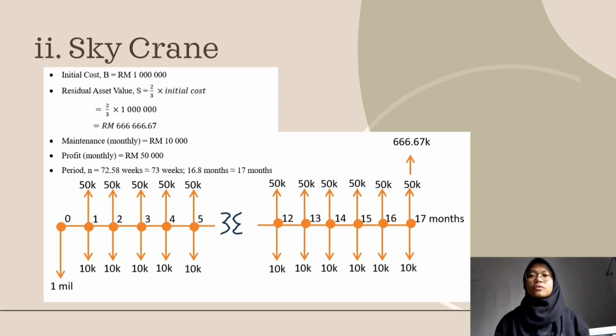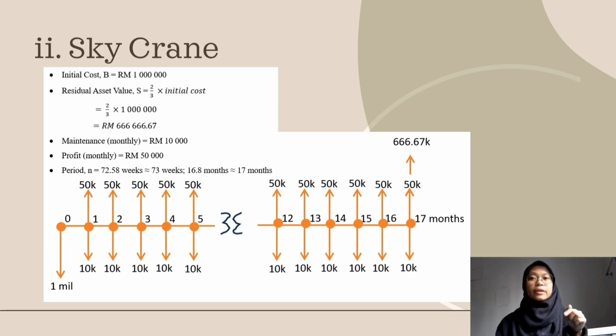For the cash flow, just like the previous one, the arrow pointing upwards means that the company is gaining profit, which is the monthly profit and the residual asset value, the 50k and the 666,000.